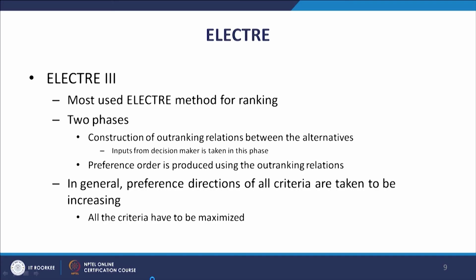However, since preference directions in general are taken to be increasing, we can avoid that compensation effect, that trade-off, and all the criteria have to be maximized. So, this is what we mean when we say that preference directions of all criteria are in general taken to be increasing. Actually, we are looking to maximize all the criteria.